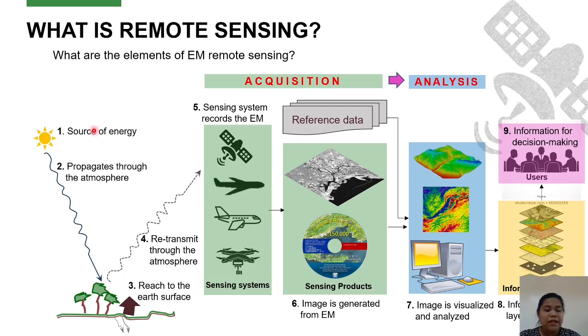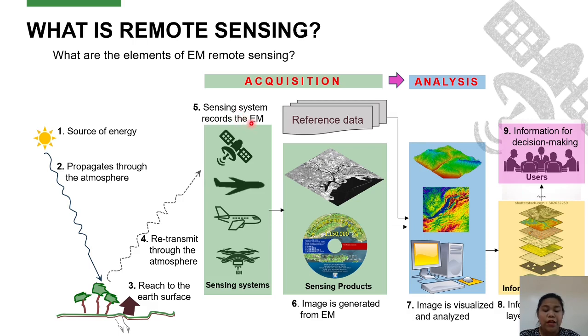The sun emits electromagnetic energy, and that energy propagates through the atmosphere, which then reaches the Earth's surface. Once it is on the Earth's surface, it will interact with various features. Some of the energy is transmitted back to the atmosphere. The energy that reaches the sensor is the one being recorded.